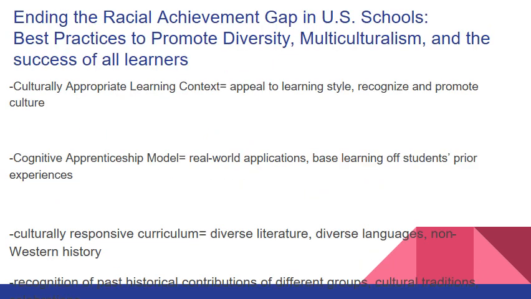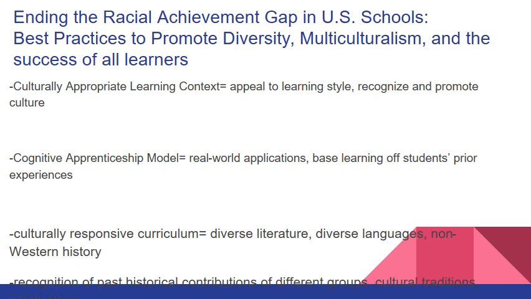As we mentioned slightly in the past slide, it's important that content is culturally appropriate and that you as a teacher are providing a culturally appropriate learning context. You want to make sure you're appealing to students' individual learning style and preferences, and you also want to recognize and promote their culture.